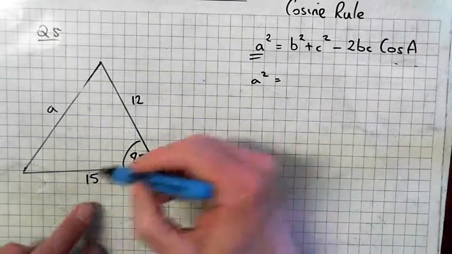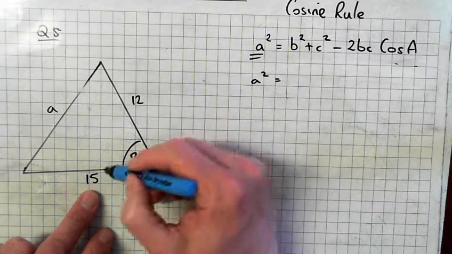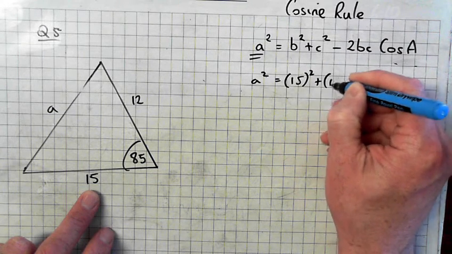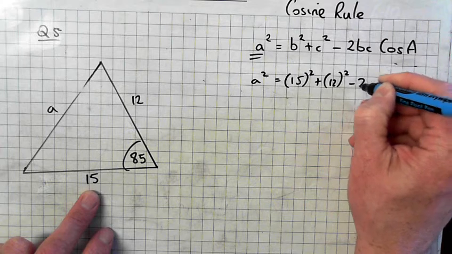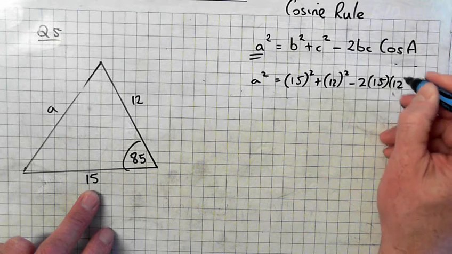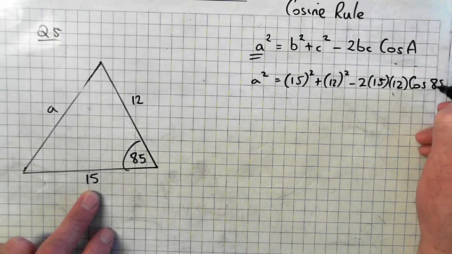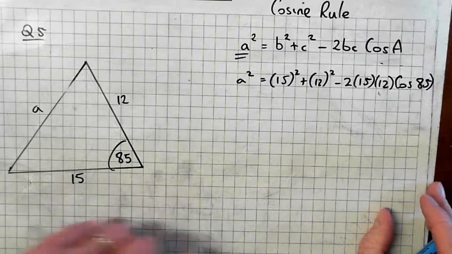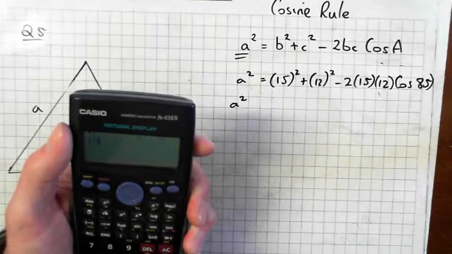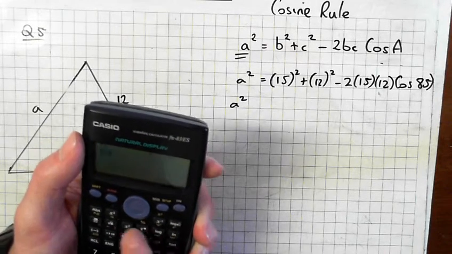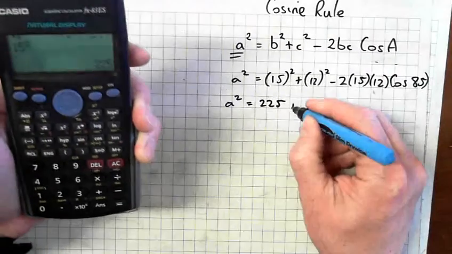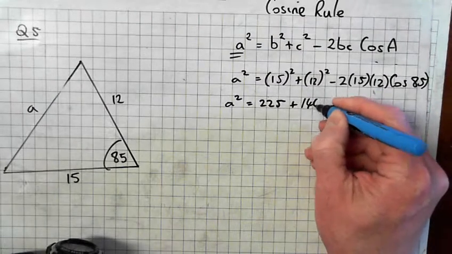So A squared equals, B and C, either or, you look it up, 15 squared plus 12 squared minus 2 times 15 times 12 cos of 85. So 15 squared is 225, plus 12 squared, 144.